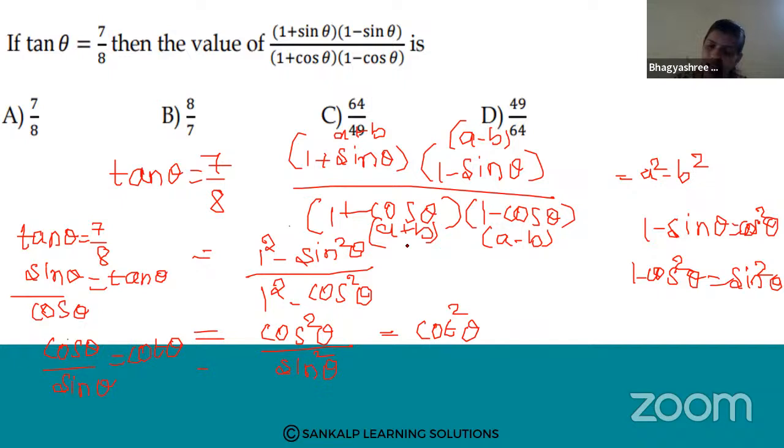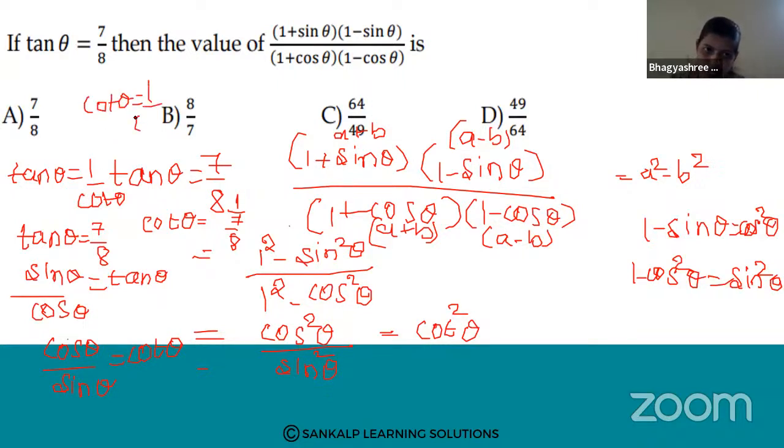If tan value is 7 divided by 8, then what is the value of cot theta? Cot theta is 1 divided by 7 divided by 8. Why? Because tan theta is equal to 1 divided by cot theta, or cot theta is equal to 1 divided by tan theta.